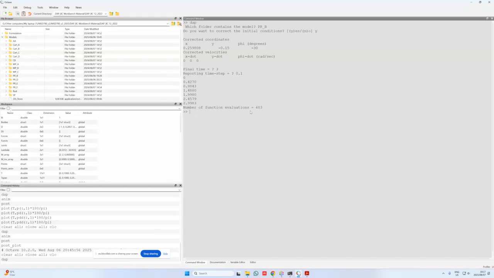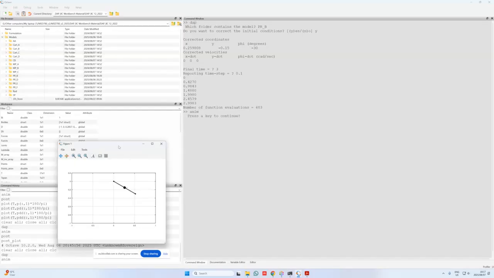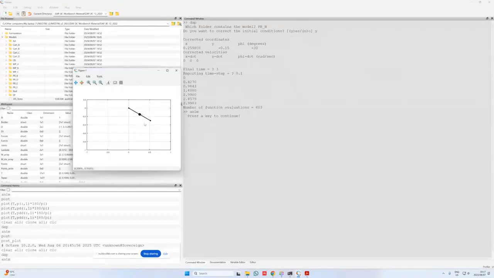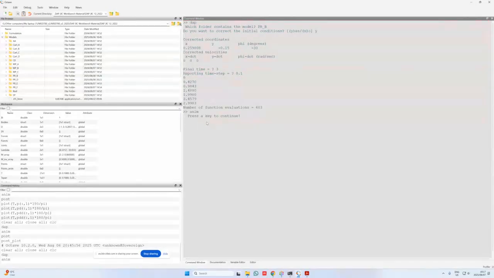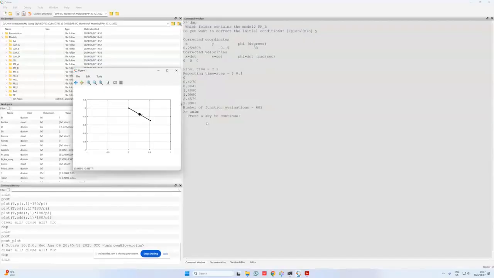And now I'm interested in what the actual animation looks like, so I'm just going to type in anim. I'm going to hit enter, and now it's going to bring up this graph that I have over here. And on the command window, it then says I need to press a key to continue. So if I press, let's say, for example, G on my keyboard, we can now see that it simulates the multi-body mechanism accordingly.